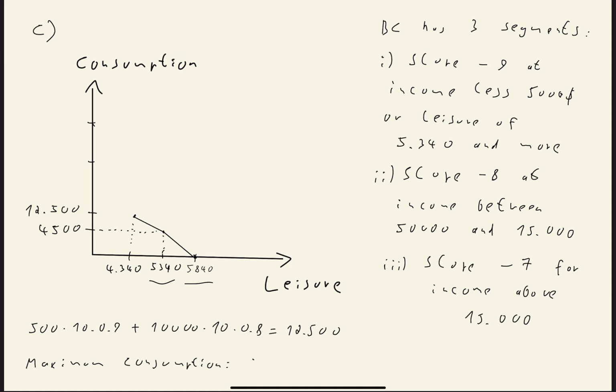For the first 500 hours that we work, we get 0.9. For the next 1,000 hours that we work, we get 0.8. And for the remaining 4,300, oh sorry, this is of course wrong. This should be 9 and 8 here.